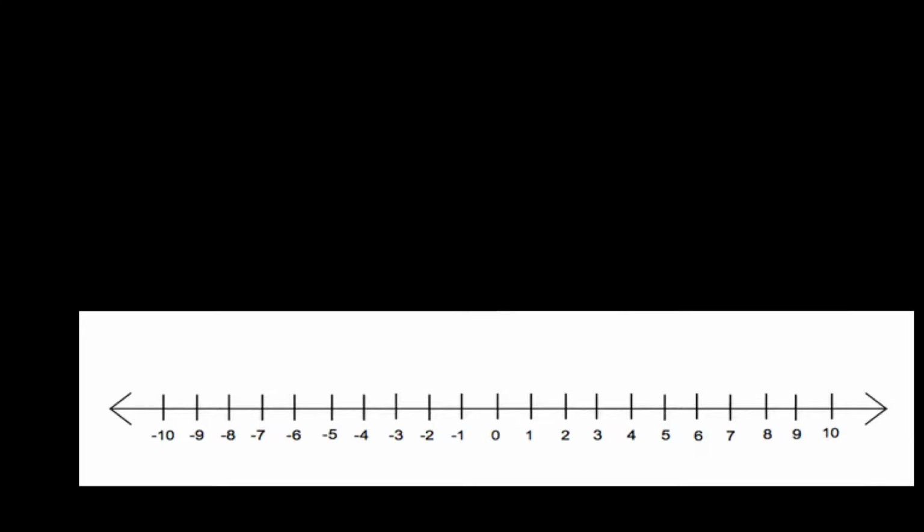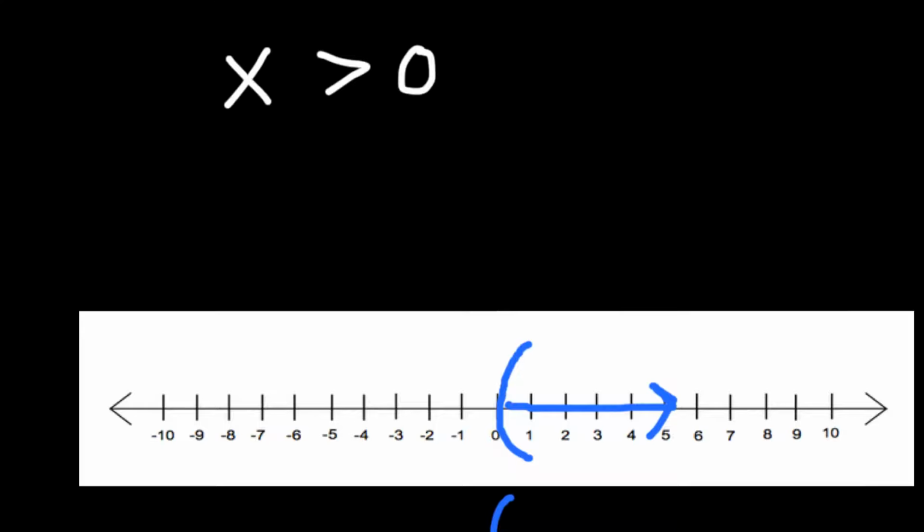So we'll do one separate here, just in case you got the wrong idea. Let's say that x is greater than 0. If x is greater than 0, then it gets a parenthesis and an arrow to include everything that's greater than. Then if we did the interval notation for that, we would have that.